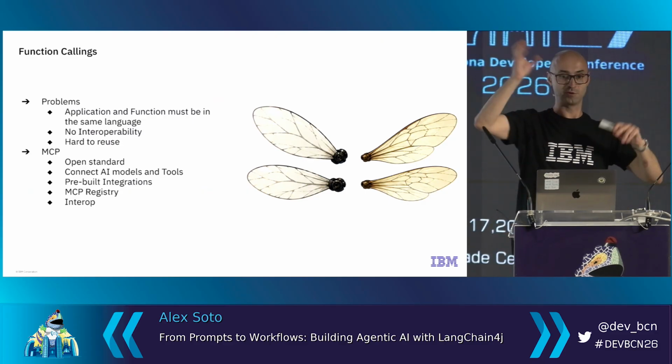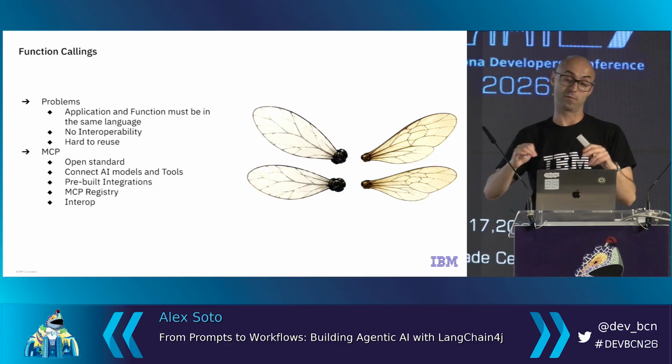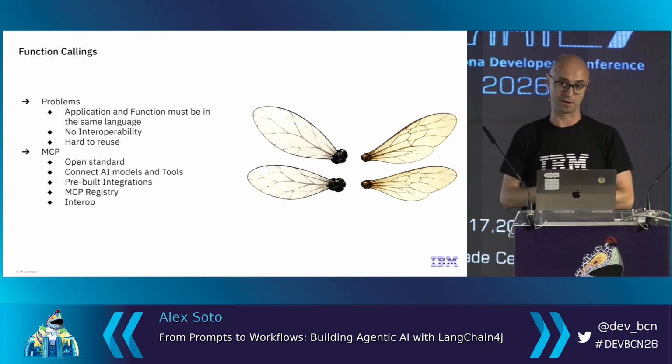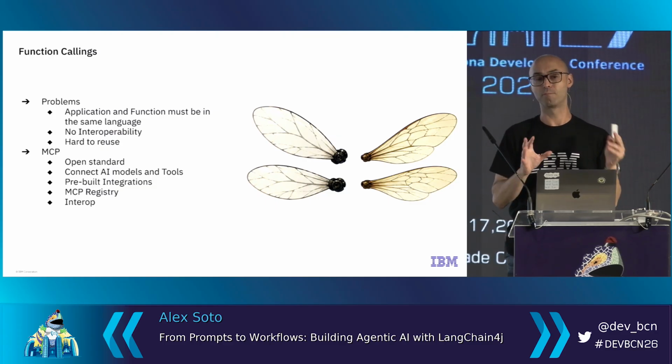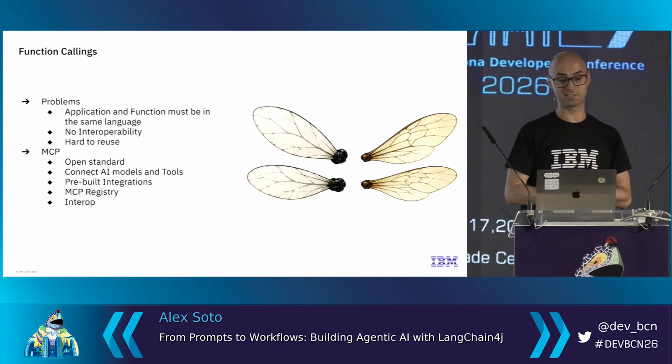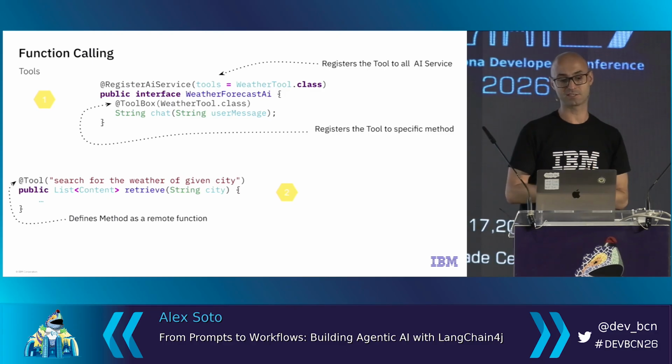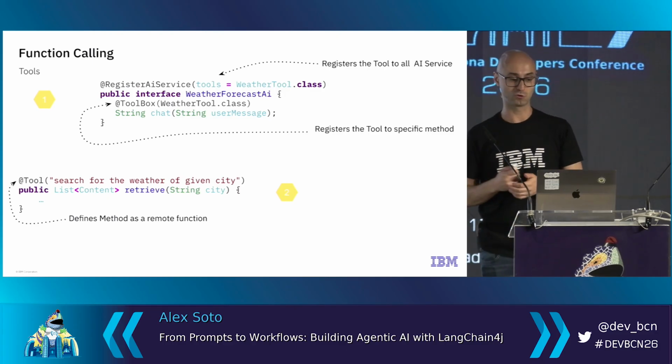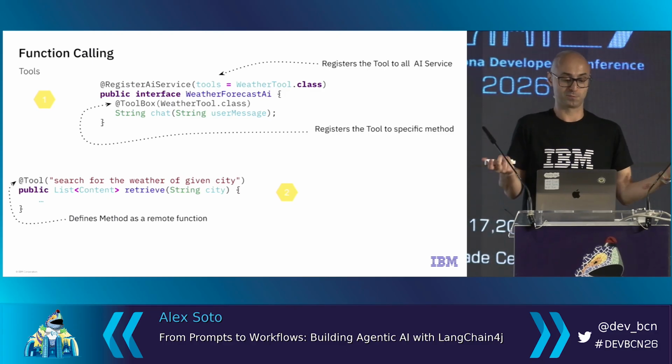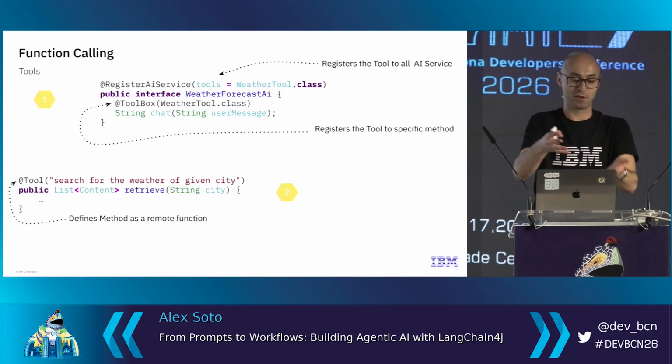Now I can just start annotating all my code with tools, if I need the model to be able to invoke that method. But there are some problems. First of all, your application and the functions must be in the same language. You're seeing here that my AI service is in Java and my tool is also in Java, of course, because you need to put everything together.